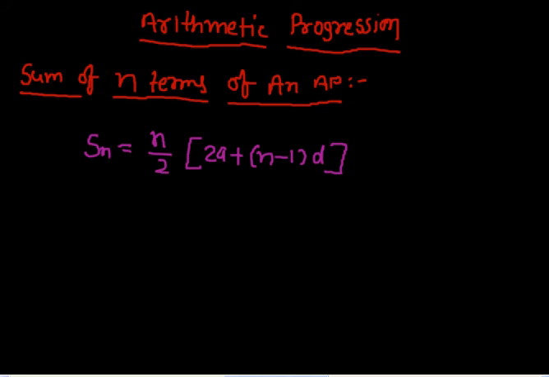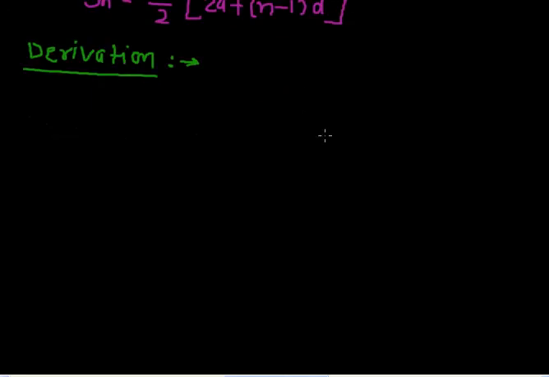Now next we will see how this formula was derived. If we have an AP whose first term is a, second term is a plus d, third term is a plus 2d, and up to a plus (n minus 1) into d.